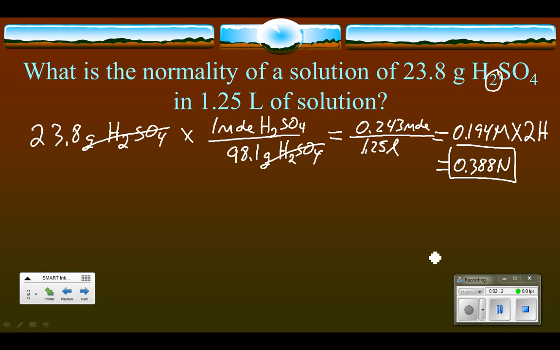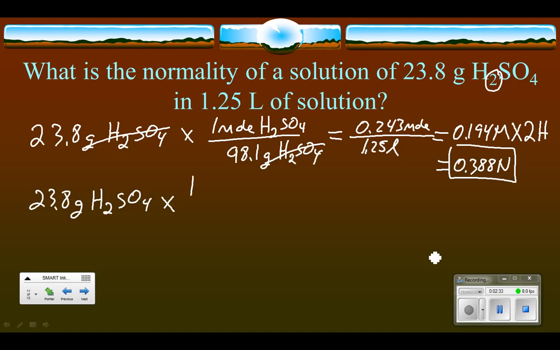Now there is another way to do the problem using more straight molarity, normality type units. We can start with the same thing, 23.8 grams of H2SO4. But now we're going to do something different at this point. We're going to change it not to moles, but to equivalents.